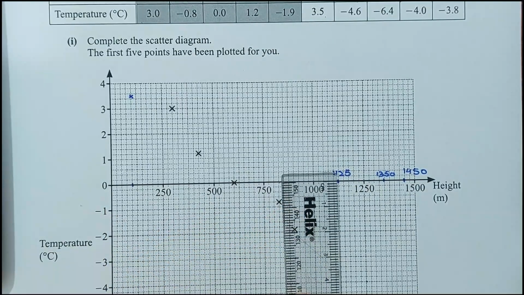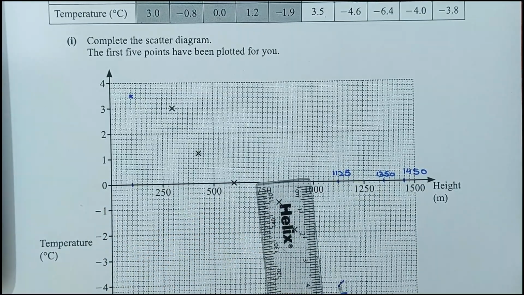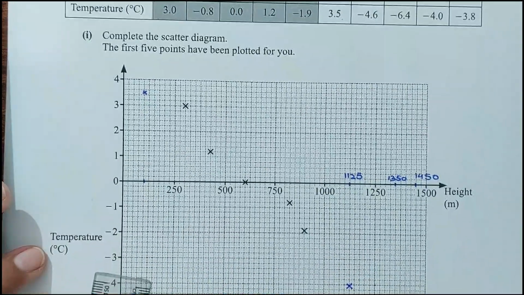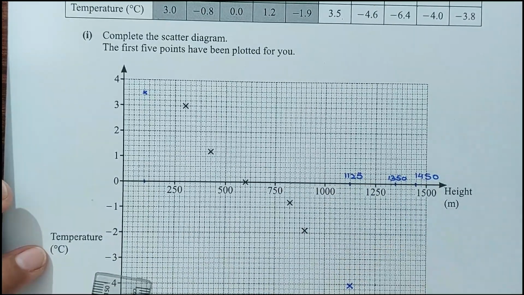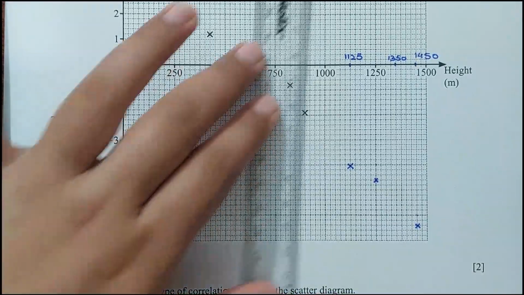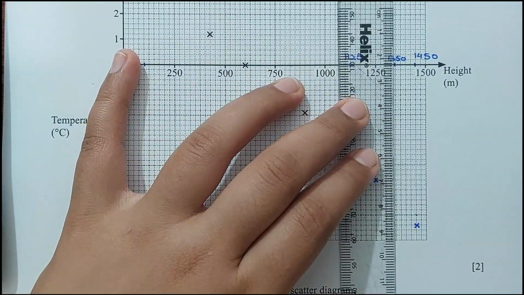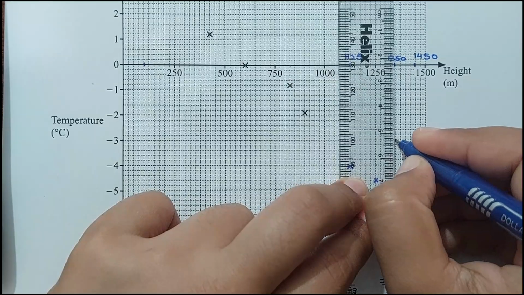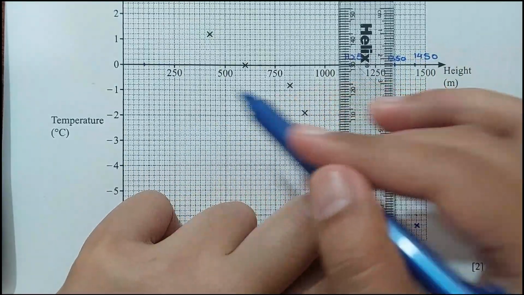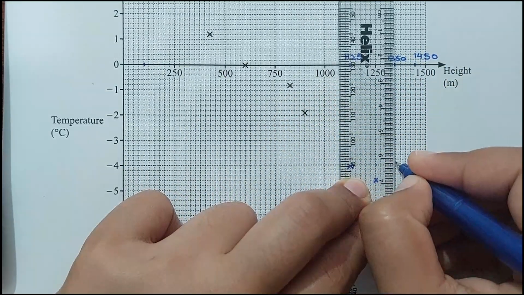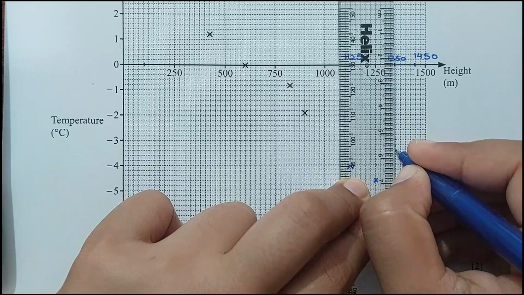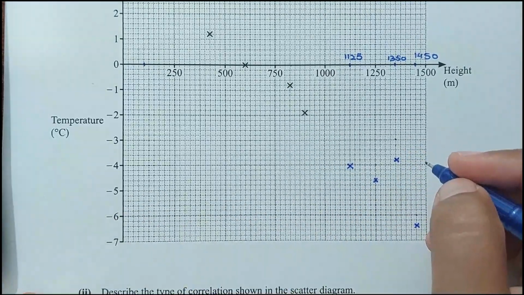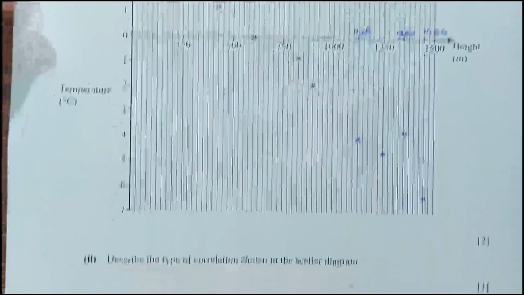This is minus 4. The last is 1350, which we have already done, negative 3.8. This is negative 3, and negative 3.8 is 2, 4, 6 and 8, this point. All right, so the scatter diagram is completed.